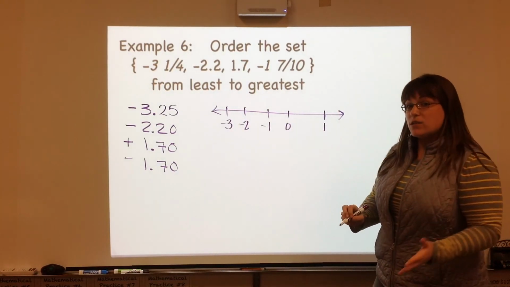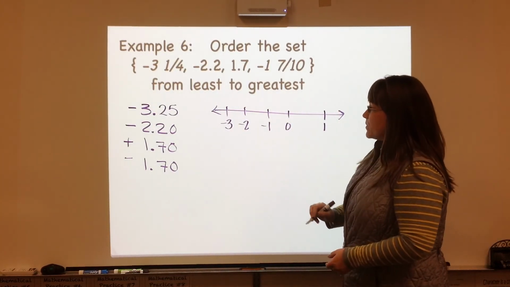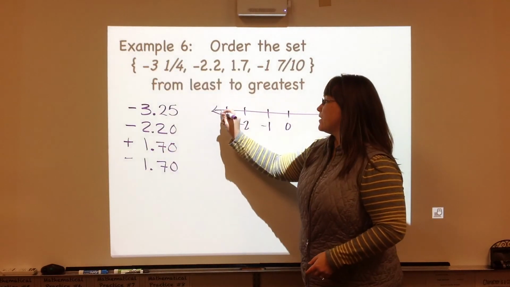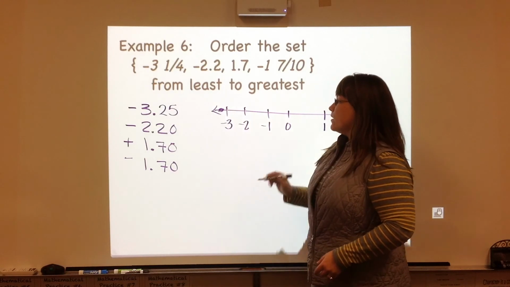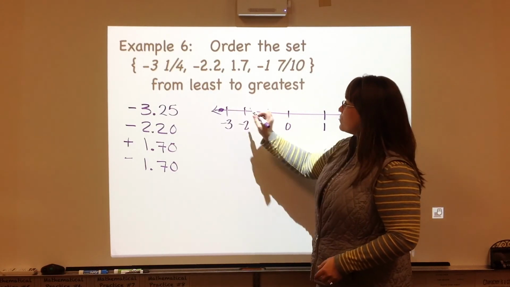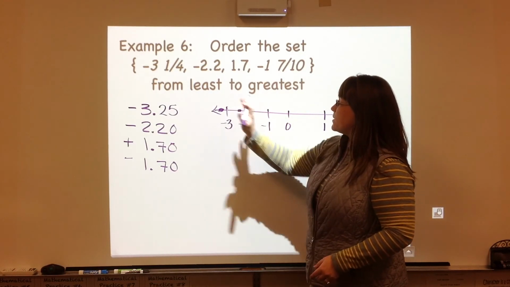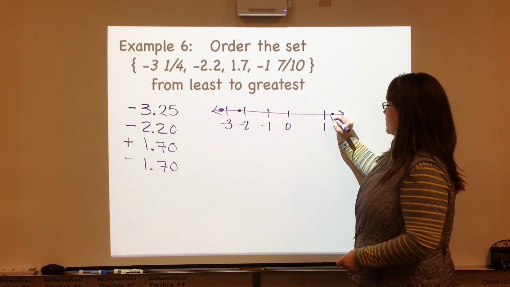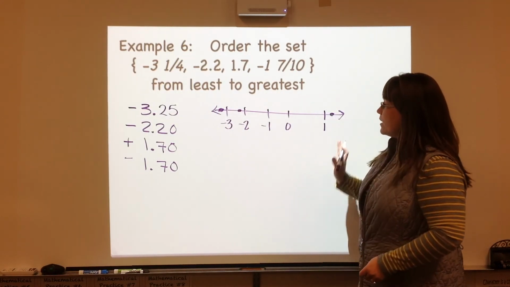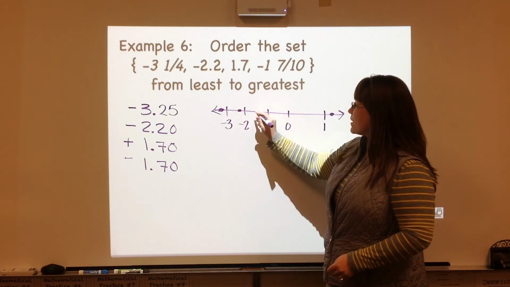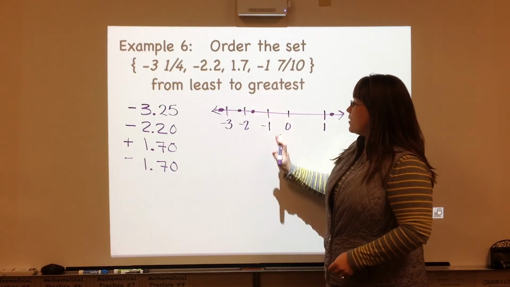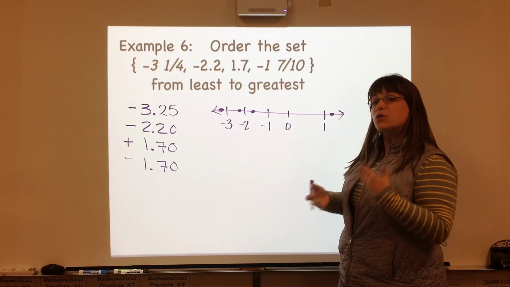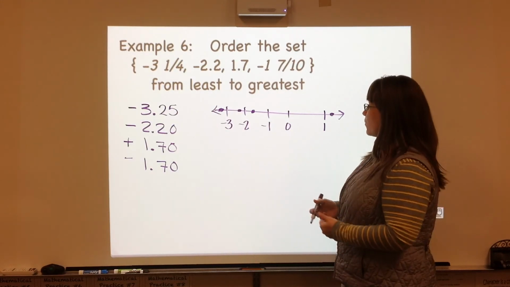So let's estimate where these numbers are going to be. -3.25 is a little bit beyond -3. -2.2 is going to be a little bit beyond -2. Positive 1.7 is a little bit beyond 1. -1.7 is in between -1 and -2. You can estimate. All you need to know is which one's bigger than the other one.